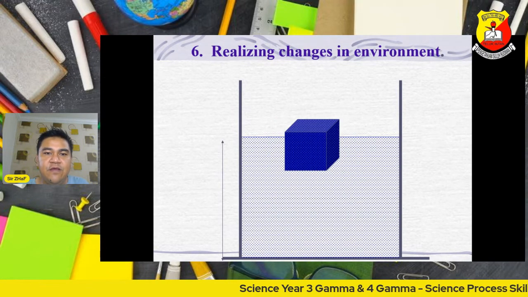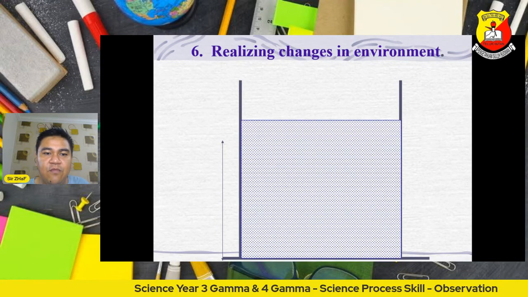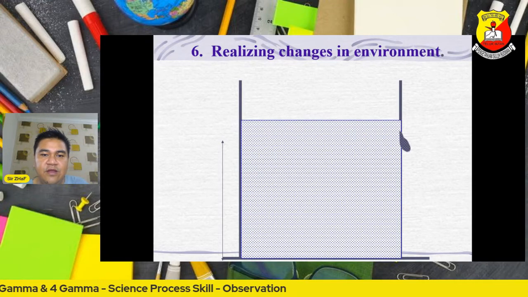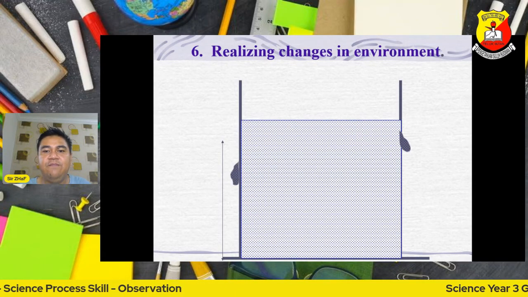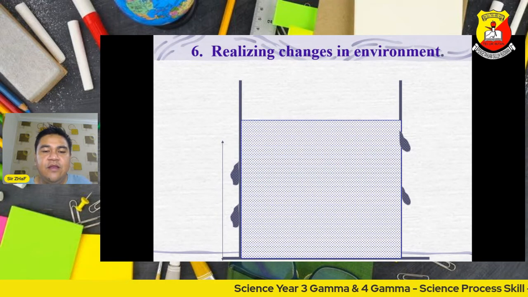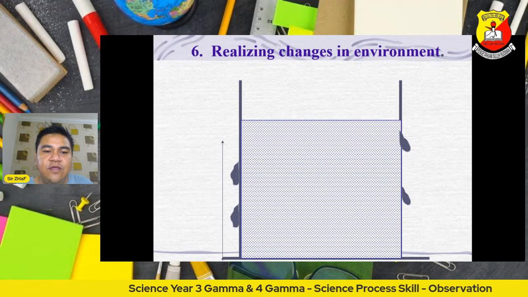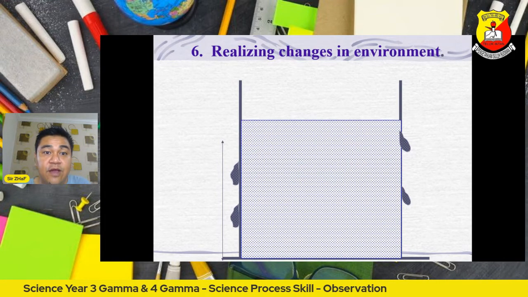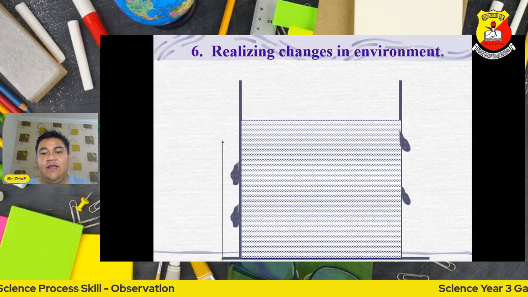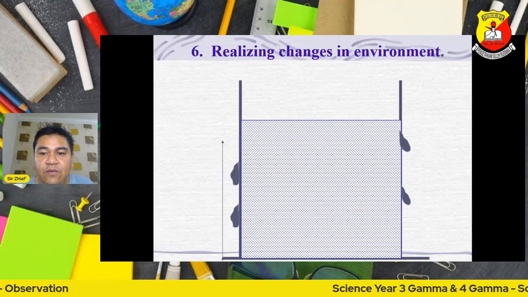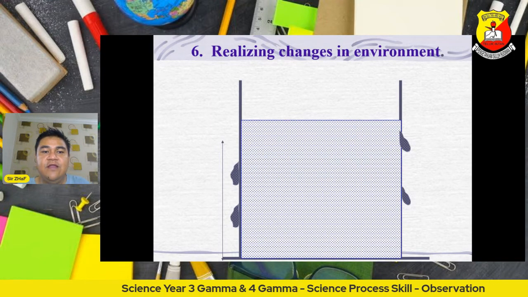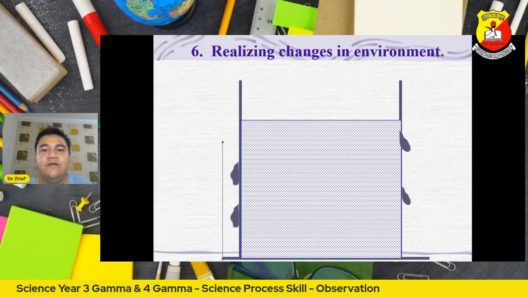The cube of ice is changing, becoming smaller and smaller, and then what is happening? There is water outside the beaker. What is happening to the ice cube? The ice cube is disappearing. And then what happened? There is water on the outside surface of that beaker.